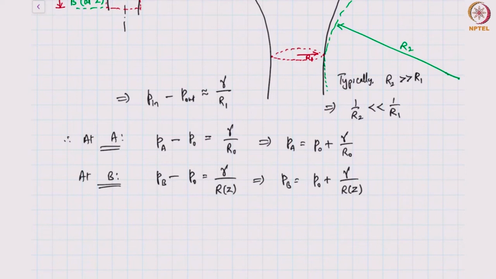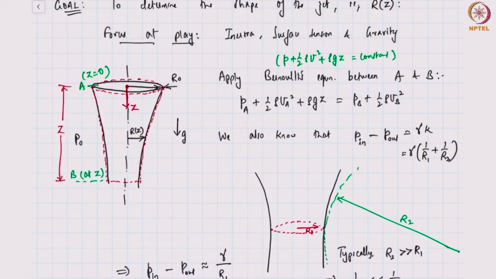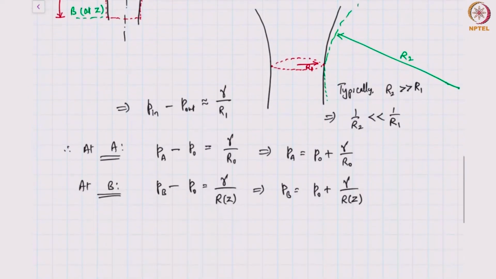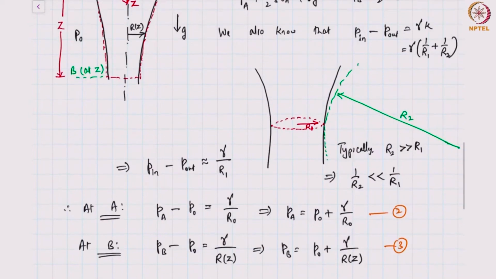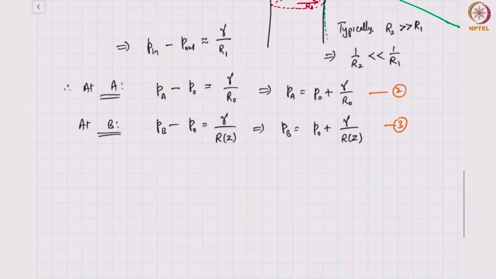So now I've got PA and PB, and therefore I know PA minus PB in Bernoulli's equation. Let's give this Bernoulli's equation a label. Let's call this equation 1. We'll call these equations 2 and 3. So now I can use equations 2 and 3 and substitute them into equation 1, and what do I get? Let's do that carefully.